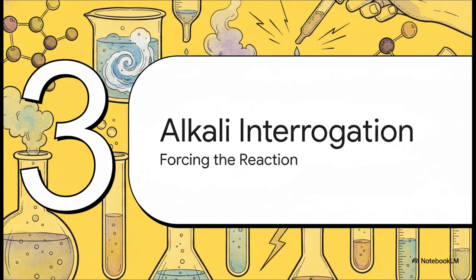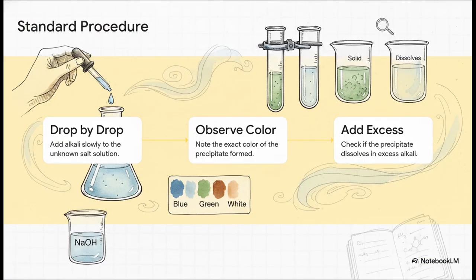Section 3. The alkali interrogation. All right, we've looked at the color, so now it's time for the active part of our investigation to kick off. We follow a very strict 3-step standard operating procedure for this chemical interrogation. Step 1, we take our unknown salt solution and we add our alkali, so either the sodium hydroxide or the ammonium hydroxide, drop by drop.